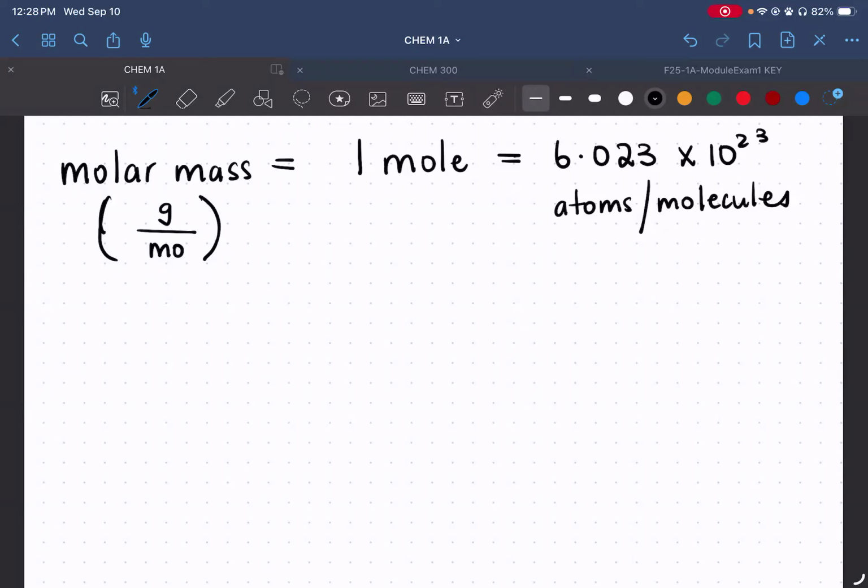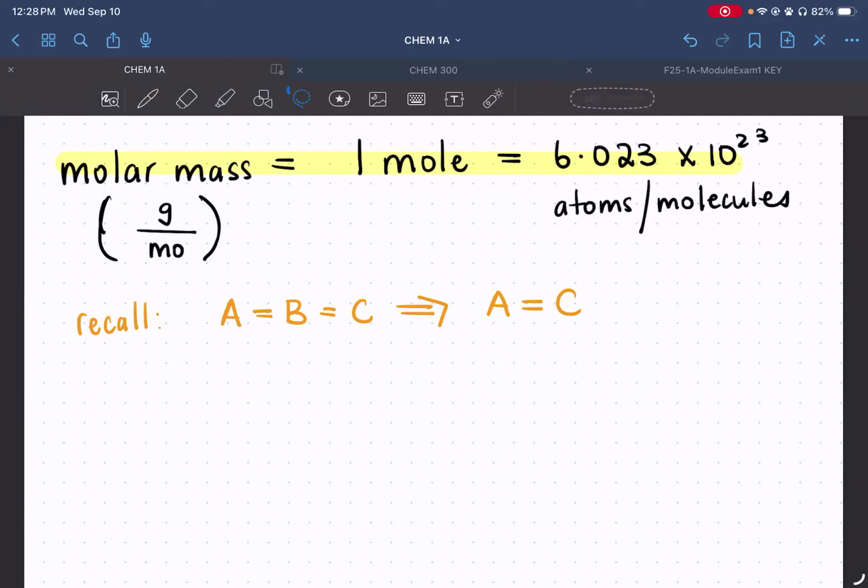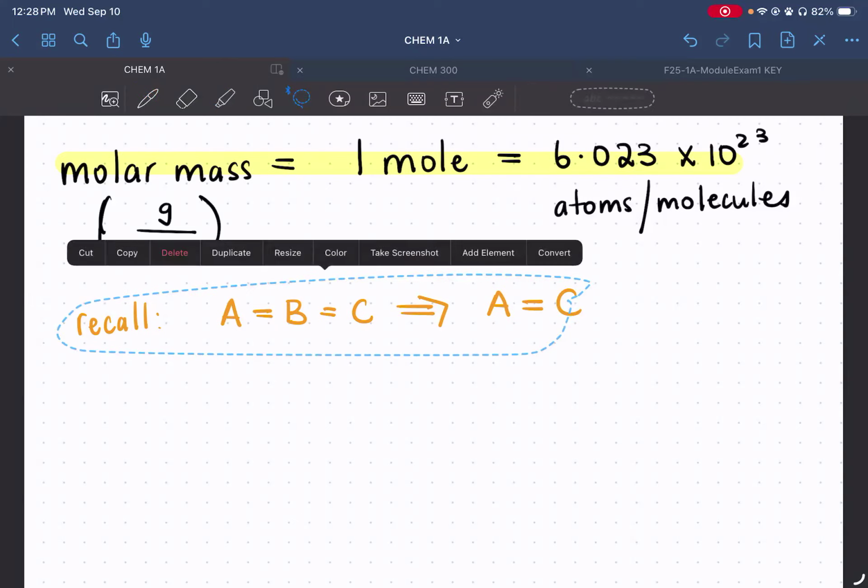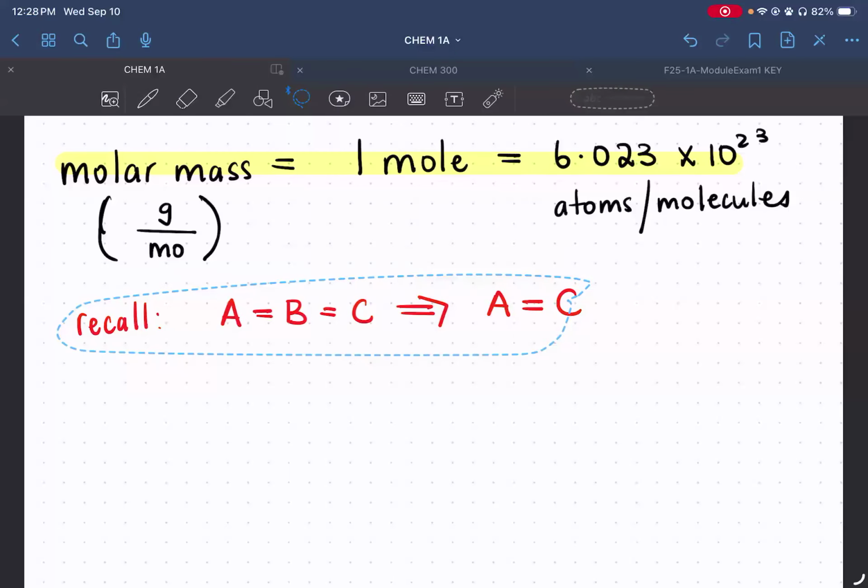And with this very simple idea, where all 3 of these terms are equated, we can recall a general principle from algebra that says in the case of A equals B, which is equal to C, this directly implies that A is also equal to C. If all 3 are equal to one another, we're able to equate 2 of the extremes, 2 on the opposite end.